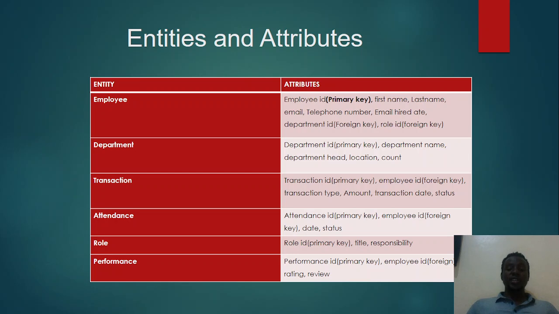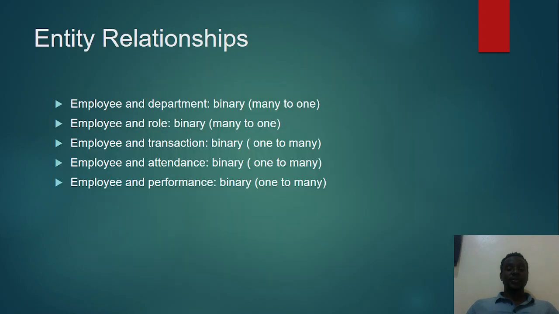This is the attendance, the employee ID, the date, and the status, whether they are absent or present. The role is the title, and then the responsibility. The performance is the employee ID and their rating. For example, if it is 5, then the review is whether it's excellent or lacking.